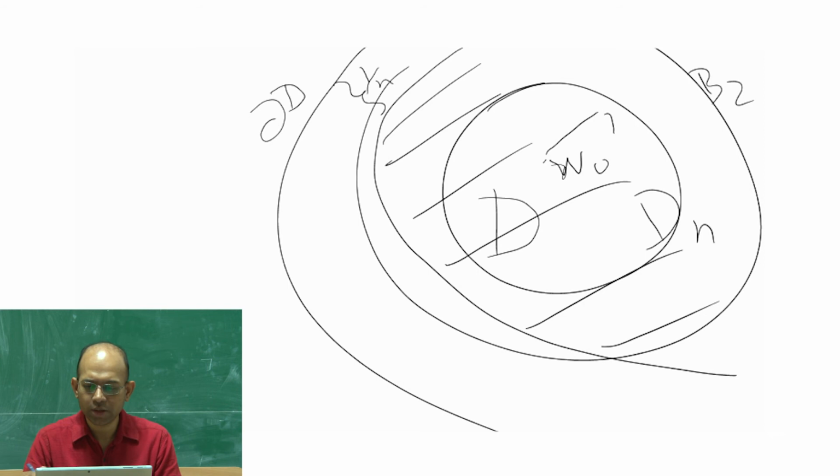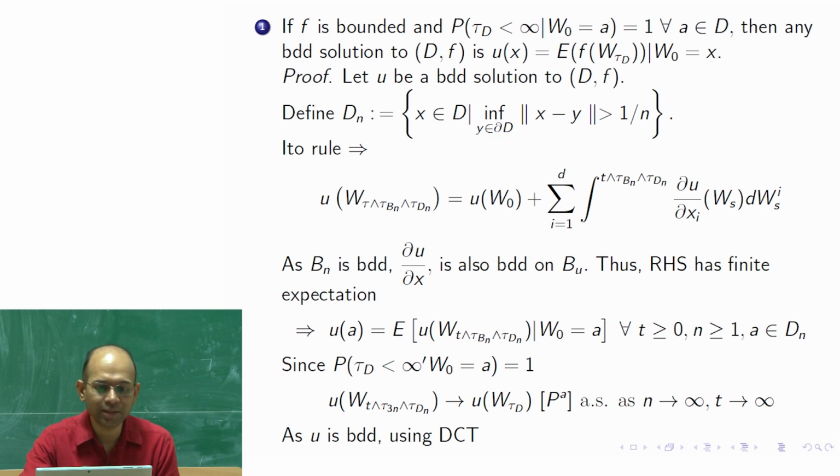Why are we doing so? Because D itself need not be bounded, so D_n also need not be bounded. However, B_n is bounded for each and every n. So this τ_Bn ∧ τ_Dn, which is the same as the exit time of B_n intersection D_n, is for a bounded domain.